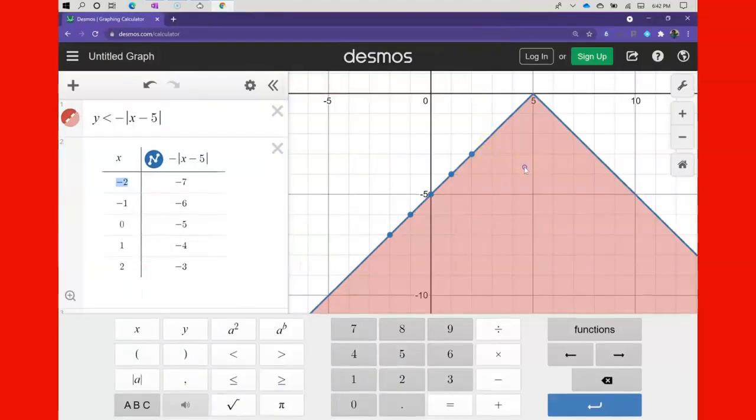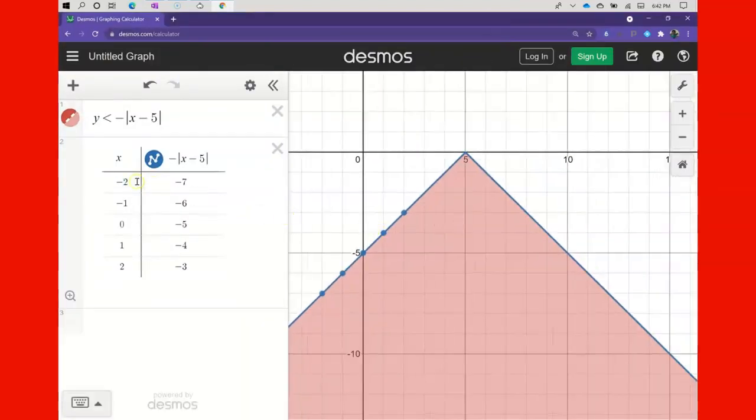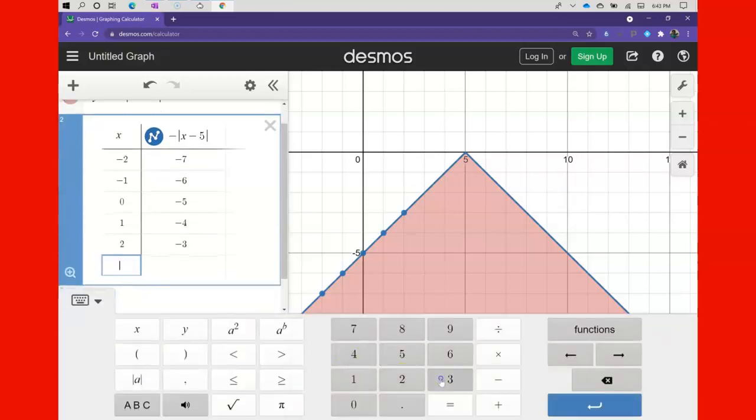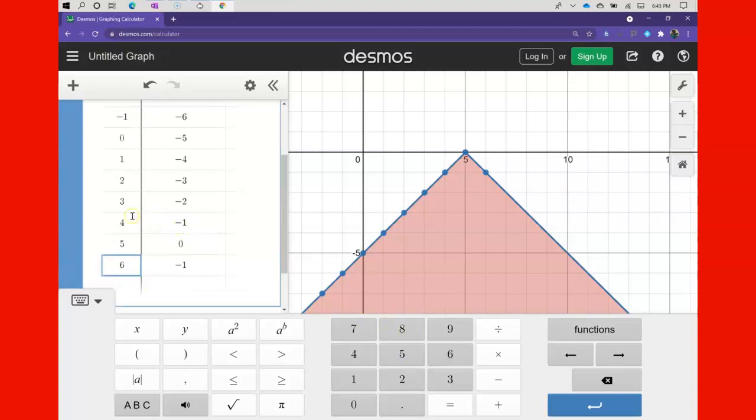So on graph paper, and if you want to do some more points, you should be able to add more points: 3, 4, 5, 6, and you notice 5, 0 is a vertex, 7, 8.